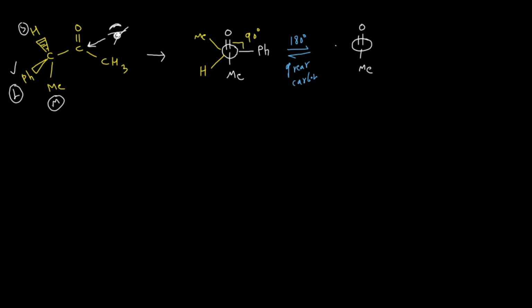After 180 degrees rotation, my phenyl would come here, my hydrogen would go there, and my methyl will come down like that. Okay. So these two conformers I am getting, energetically these two are the same, but the difference in the percentage of the diastereomers would come due to the repulsive interaction between the incoming nucleophile and the groups, whether it is the medium or the small size group.